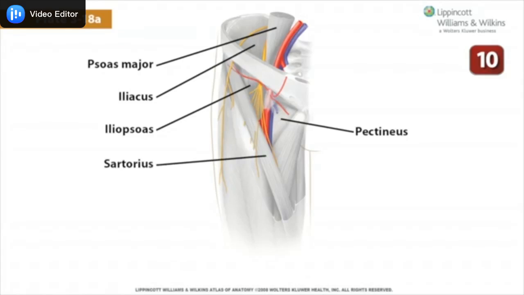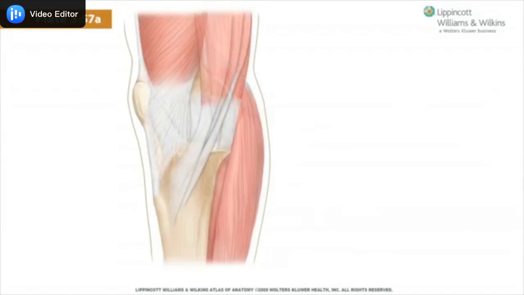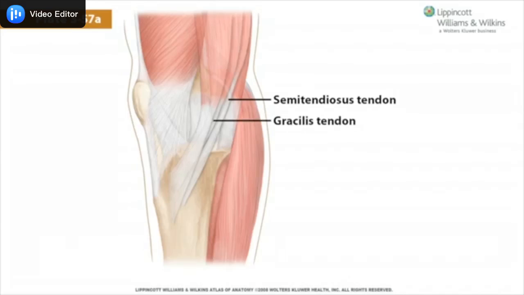The sartorius is the longest muscle in the body. It originates on the anterior superior iliac spine and inserts on the medial surface of the proximal tibia. You may have noticed that we have now named three muscles that insert on the medial aspect of the proximal tibia: the semitendinosus from the posterior compartment, the gracilis from the medial compartment, and now the sartorius from the anterior compartment.